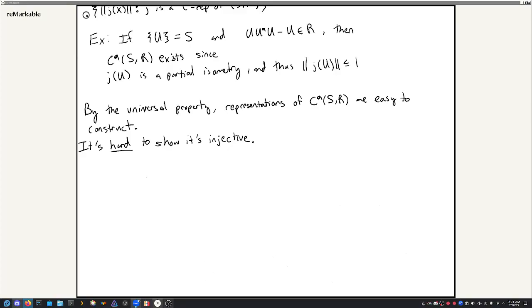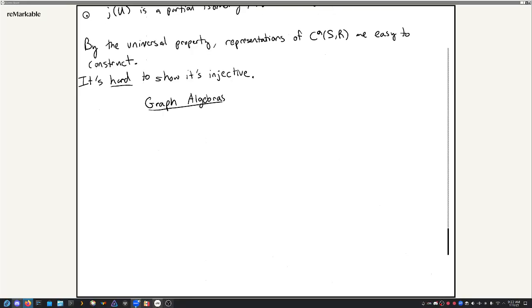And now let's specialize to graph algebras. So these are algebras that you construct from some directed graph. From now on, I'll call them just graphs.